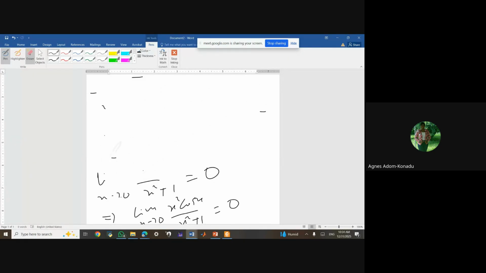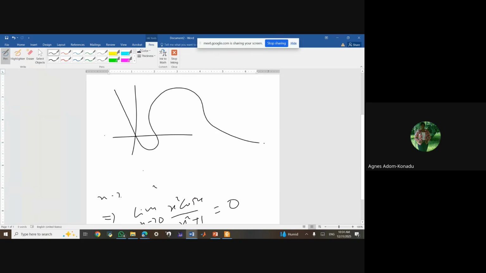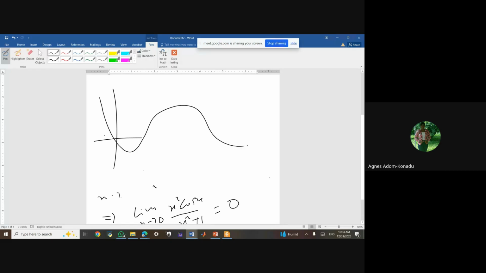Anything that you can picture without break is a continuous function. So I have something like this, then it goes like this and this, and if I go down, it's like this. A function like this without break to infinity is a continuous function.